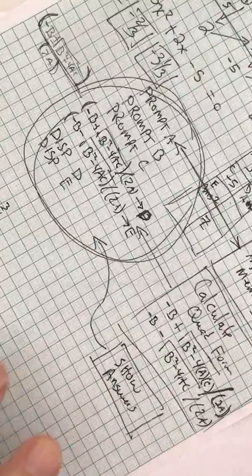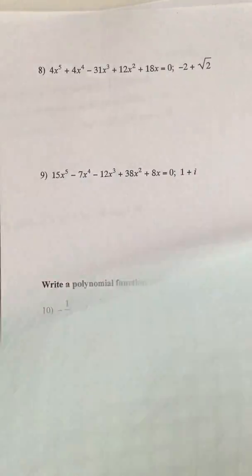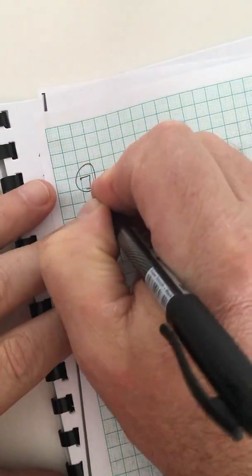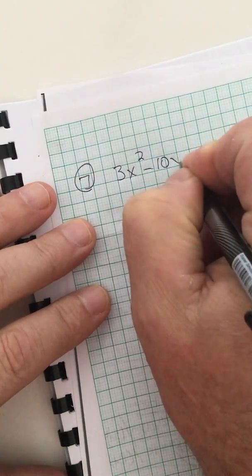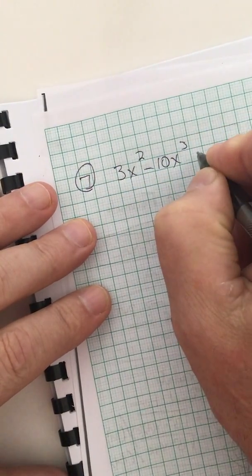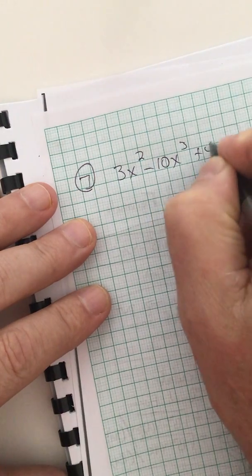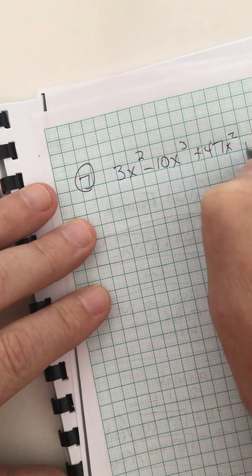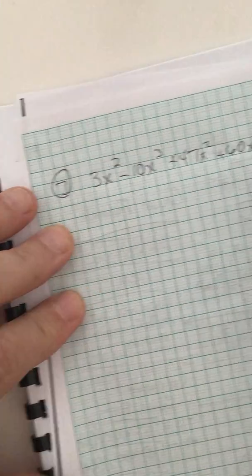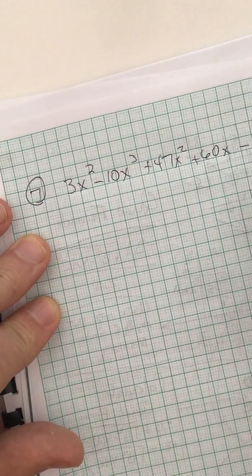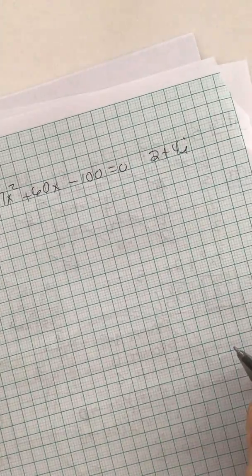I'm going to do it on this paper. Okay, here's question 7. So we've got 3x squared minus 10x to the third plus 47x squared plus 60x minus 100 equals 0, and they're telling us 2 plus 4i is one of the answers.